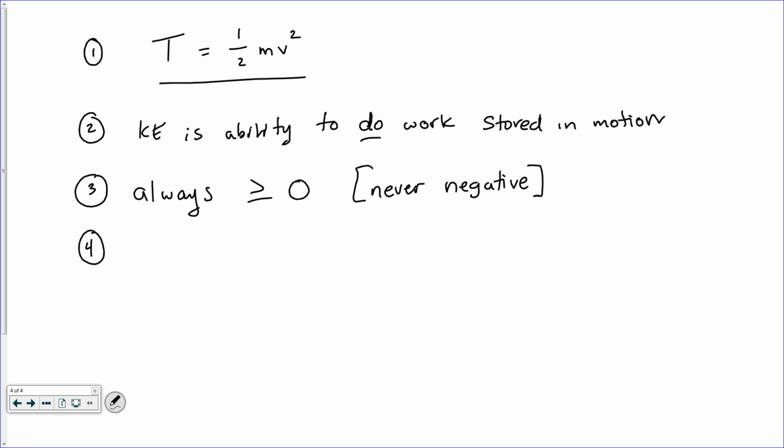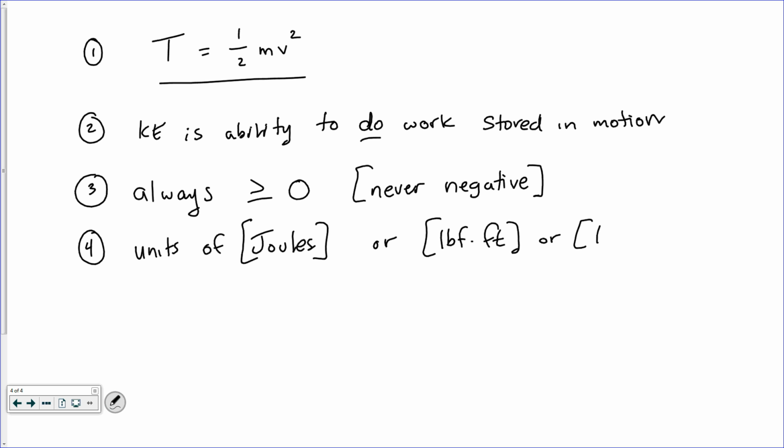Just like work, it has units of joules, or pound force feet, or sometimes pound force inches. So we said that work is, in a very general way, force times a distance. So 1 joule is equal to 1 Newton meter.